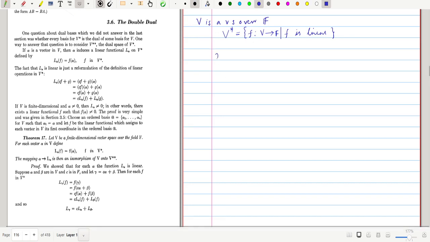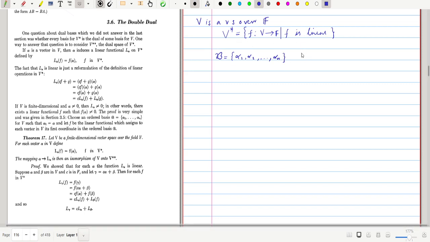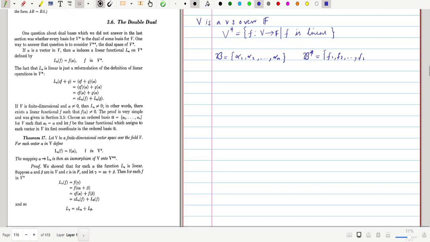And if we start with a basis of V, say alpha 1, alpha 2, etc., alpha n, then you can construct a basis for V star. This is the collection of all f1, f2, etc., fn. That means it consists of exactly n elements with the definition fi of alpha j equals delta ij.